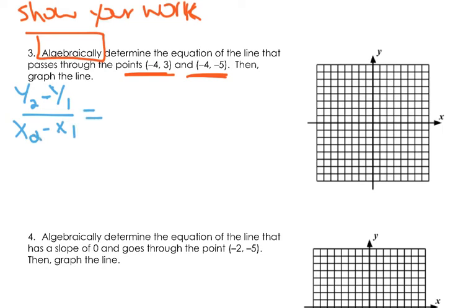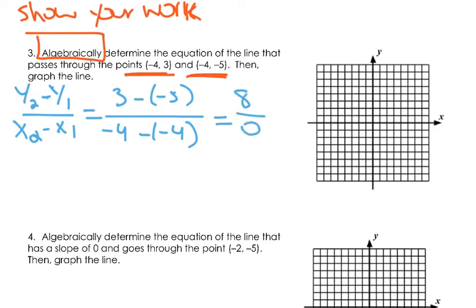So here, I'm just going to use the first one as my y2. Remember, there's no right or wrong choice here. -5 minus 3 over -4 minus -4. Alright, so I have my calculator. And when I do this, I'm going to get 8 over 0.